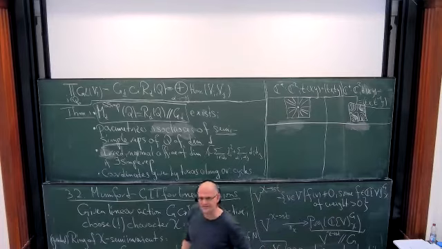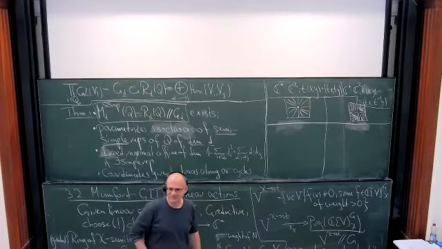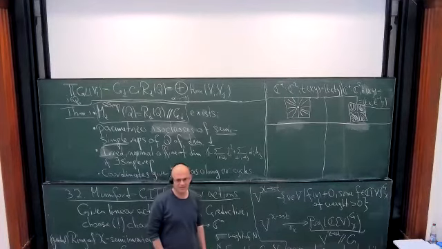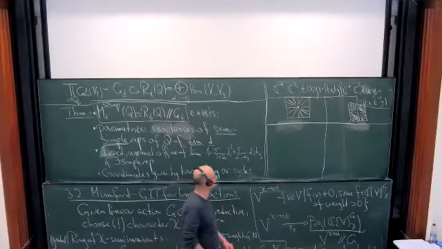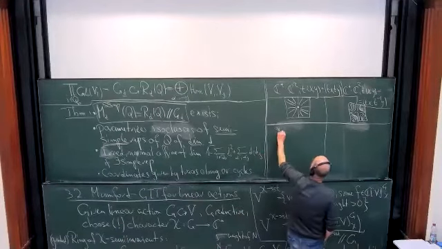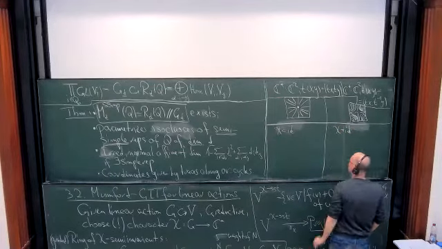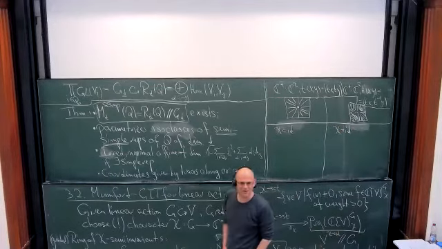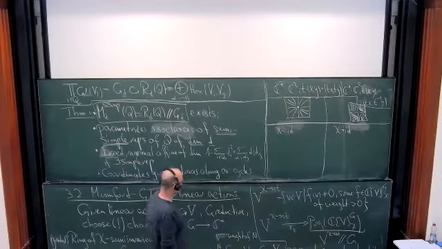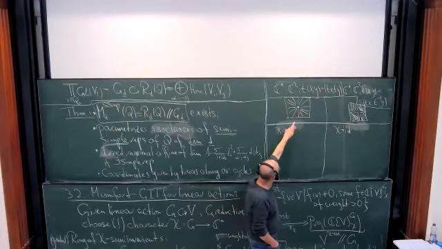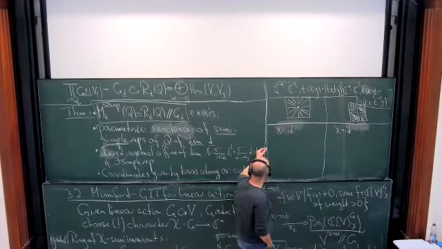So let's choose a character. A character is just a group homomorphism from C star to C star. Let's take the identity, so the determinant of a 1-by-1 matrix. Okay. And now we can work out what the semi-invariant functions are.